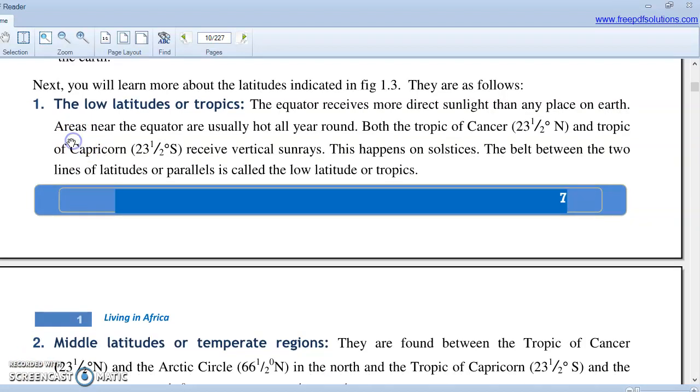Both the Tropic of Cancer and the Tropic of Capricorn receive direct vertical sun rays. This happens on solstices. So there are two latitudes located at equal distance from the equator. These latitudes are called the Tropic of Cancer and the Tropic of Capricorn.